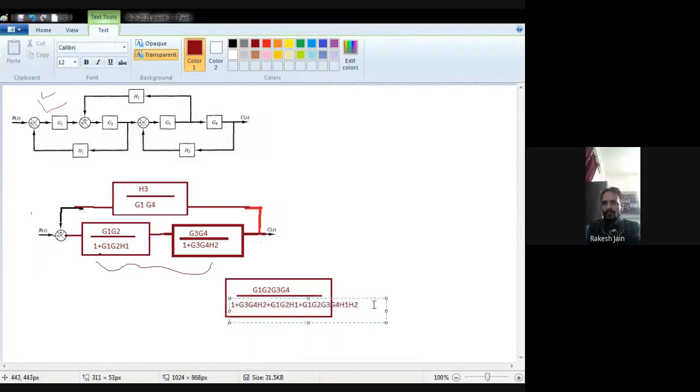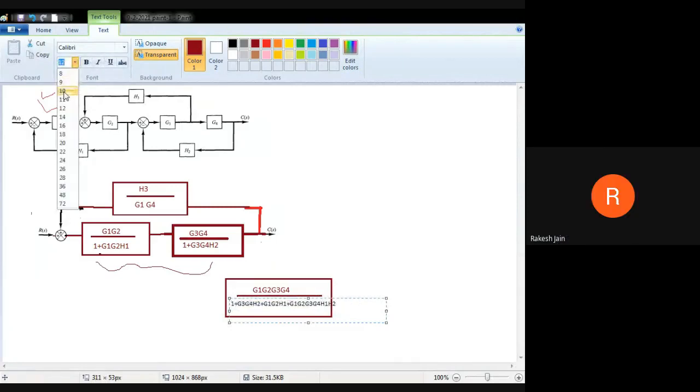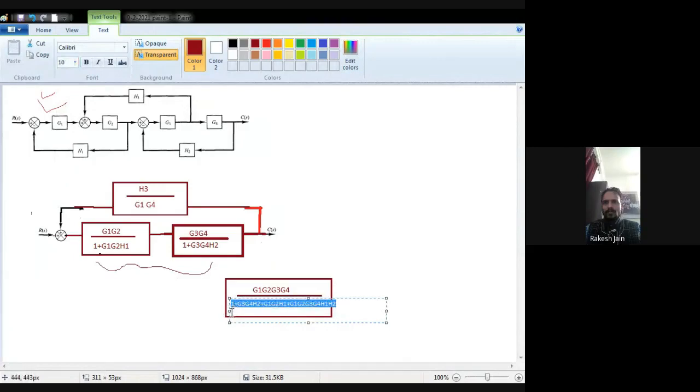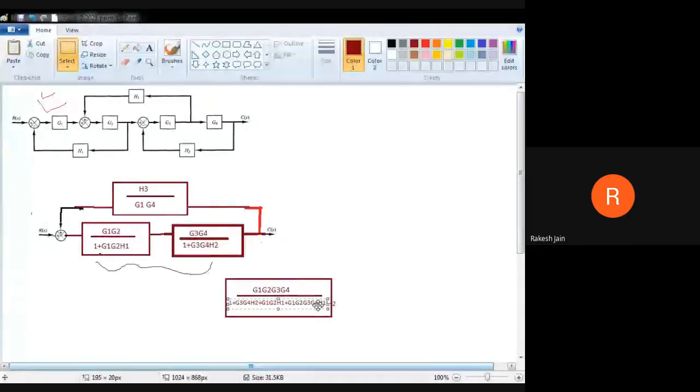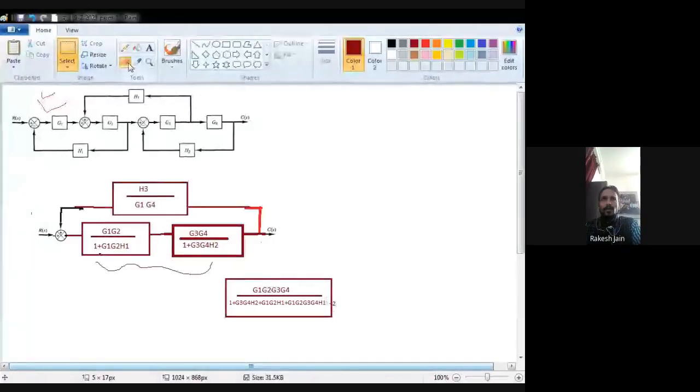So we know the rule, whenever blocks are in cascade, just remove the cascade blocks and instead of them just multiply them. So 1 by G1 multiplied by S3 multiplied by 1 by G4, it means the upper term is S3 divided by 1 upon G1 multiplied by S3 multiplied by 1.